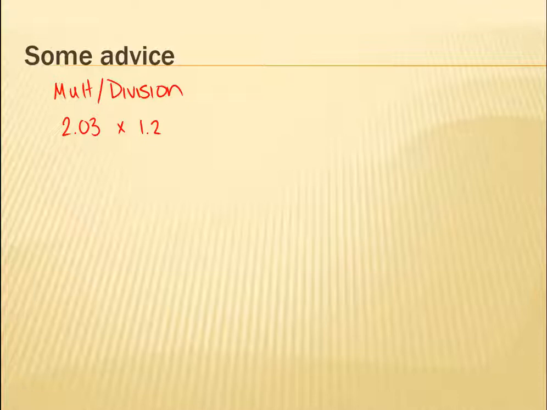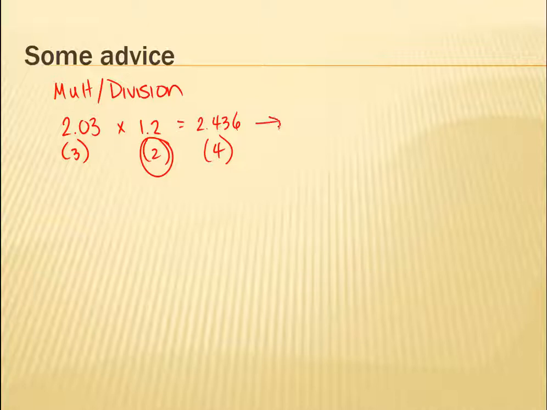I'm doing this right now in my calculator: 2.03 times 1.2 gives me 2.436. Now, this is 4 sig figs, and this one's 2. The max I can have is 2, because it's the smallest of all the numbers involved. So all it means is I need to round this. My answer would be 2.4.